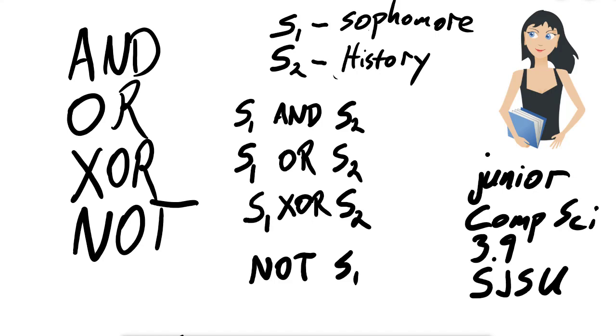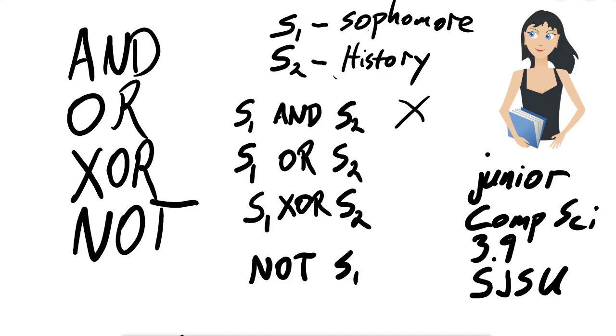Okay, so let's again look at these requirements. Is Stacy a sophomore? No, S1 is false. And is Stacy a history major? No. So if both of them are false, that means false. Actually, we knew we weren't going to make it right when S1 was false.